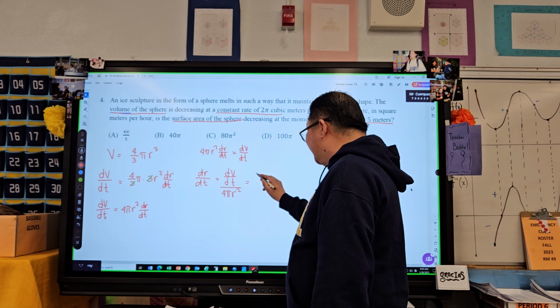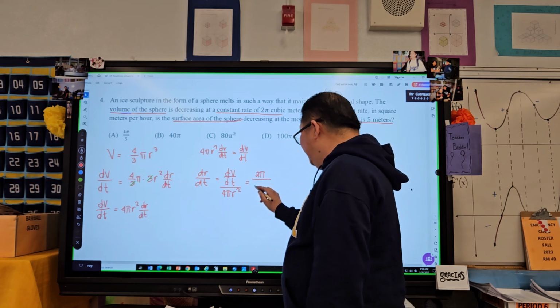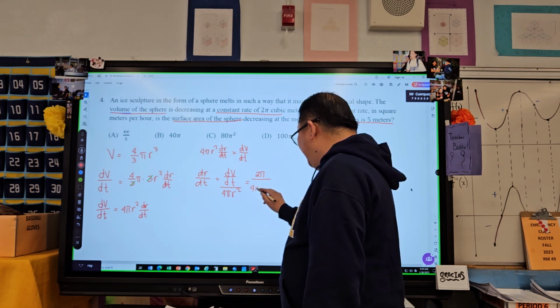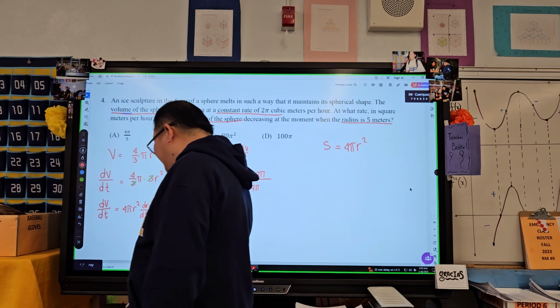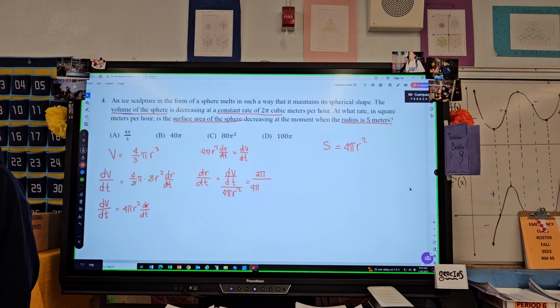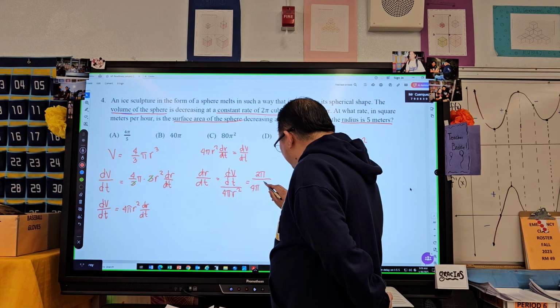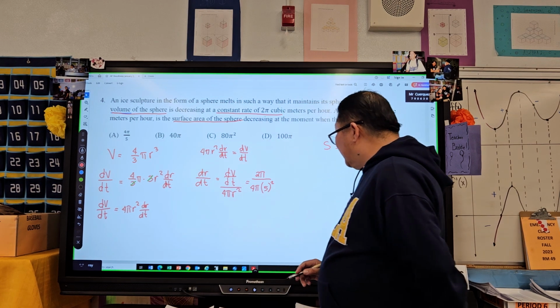So you're going to plug in 2 pi over 4 pi, and is the radius given? What is the radius? 5. So we say r, which is 5, and then squared.